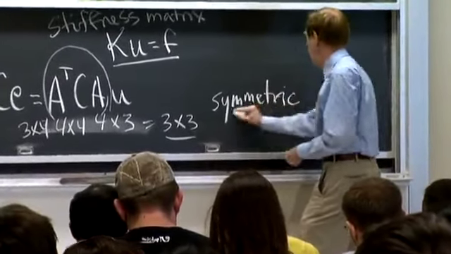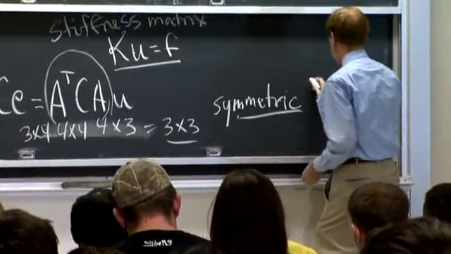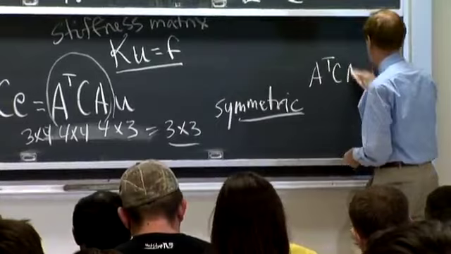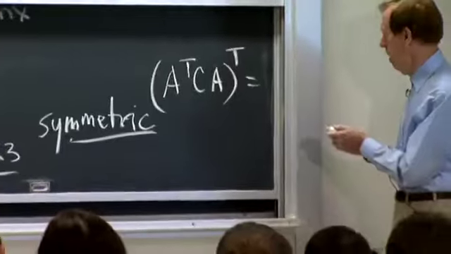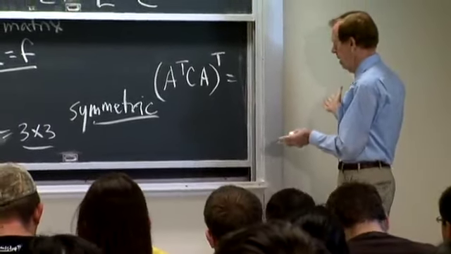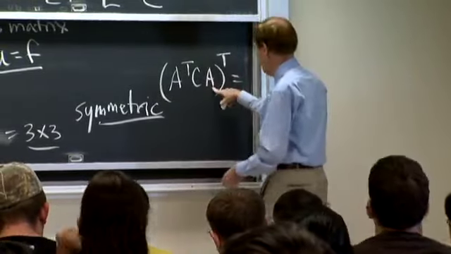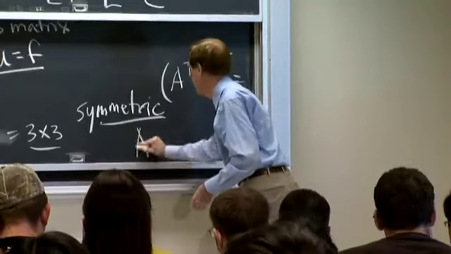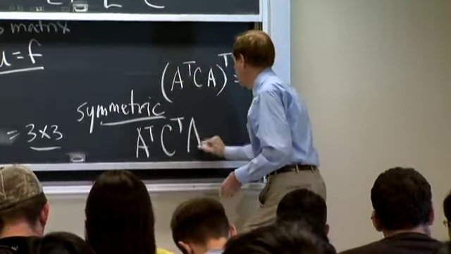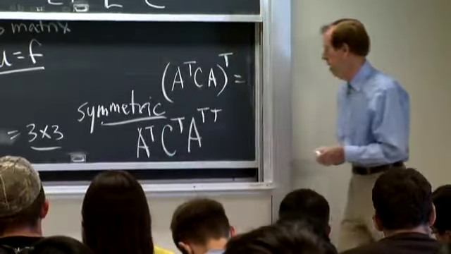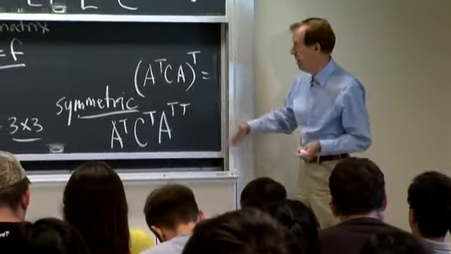So now what do I do? I take the transpose. So if I take my K transpose, now I write it as, what do? It's a product of things. So when I transpose a product, I have the individual transposes in the opposite order. So A, its transpose comes first. C, its transpose comes next. A transpose, its transpose comes last. So that's just the rules of matrix transposes.